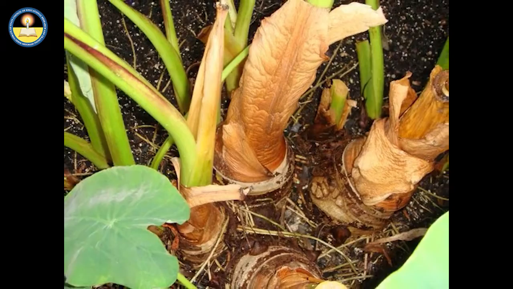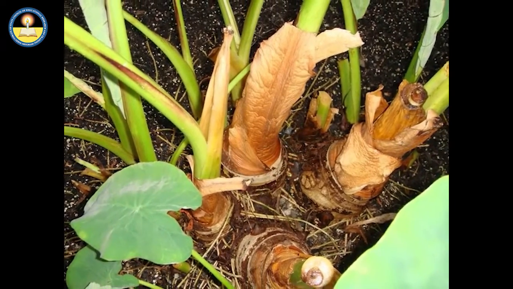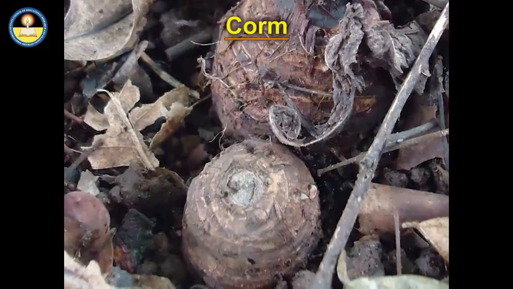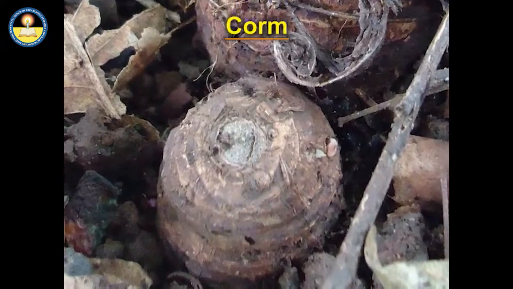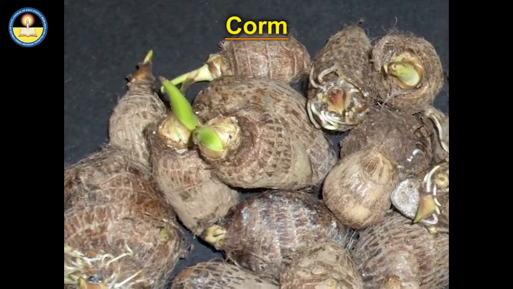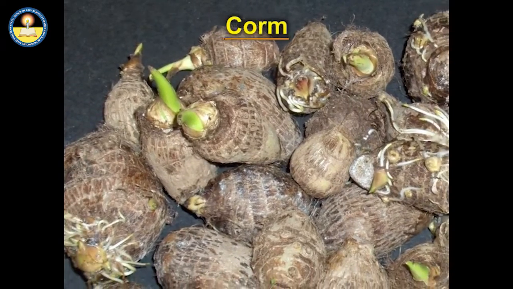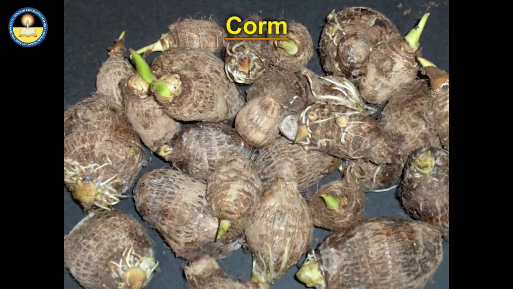There are some more plants which reproduce through underground stem. Corm is a condensed form of rhizome which is formed vertically in the ground. Corms also have a short stem, but in this case it is the stem itself which swells and stores food.